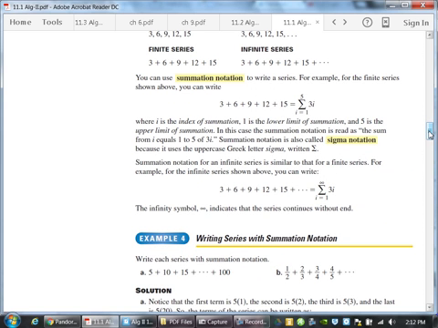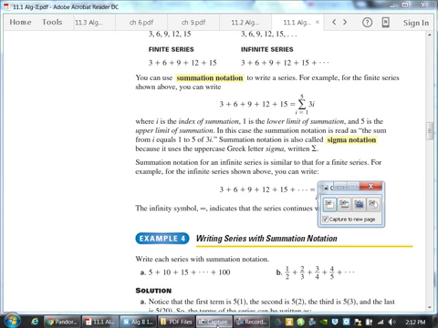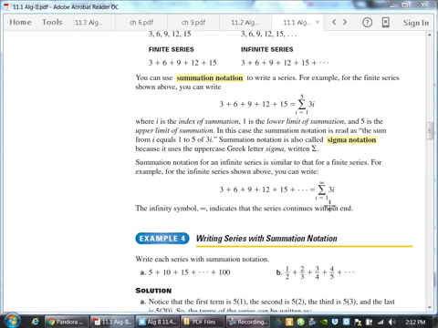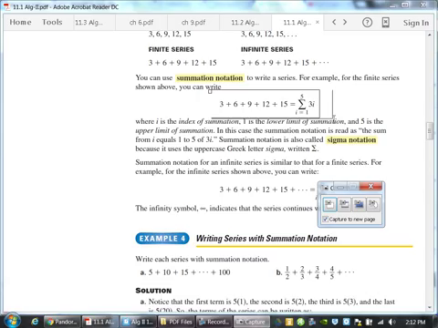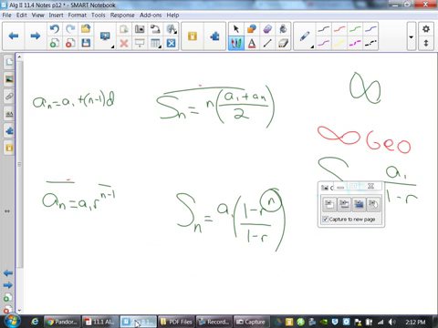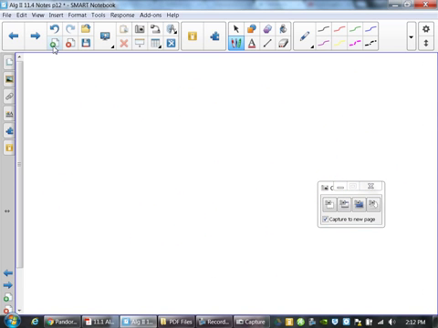Okay, so if you're talking about series, you want to write it in terms of summation notation. It doesn't really matter whether it's arithmetic or geometric, it's the same rules.